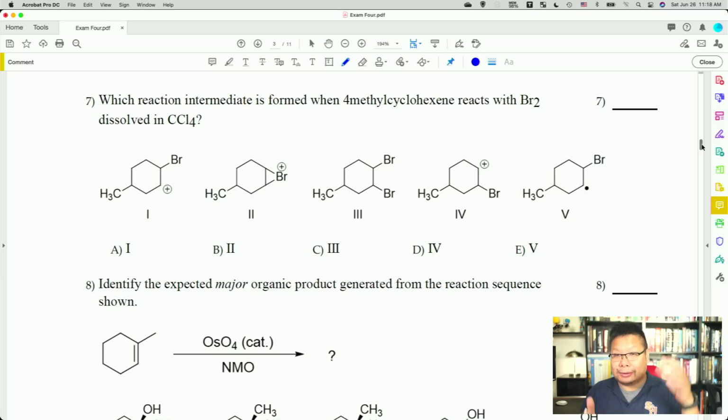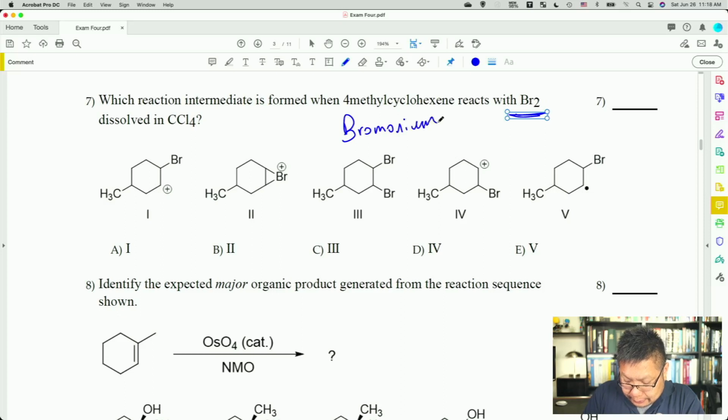It's got that weird thing where it can attack from both sides. And so, since it's bromine, we get that, what is it called again? Bromonium ion, I believe. There we go, bromonium ion. All right. And since we get a bromonium ion, this is obviously a bromination halogenation reaction.